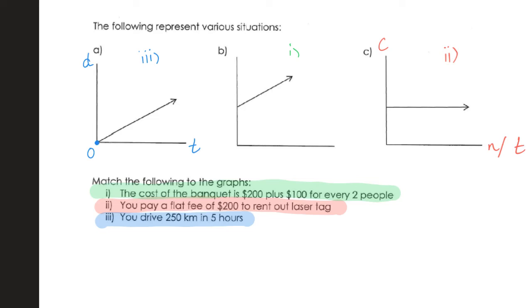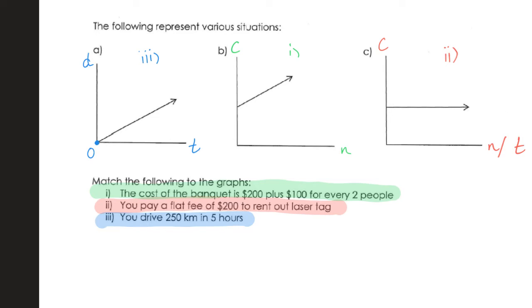Okay, so the cost of a banquet is $200 plus $100 for every 2 people. So that would mean that I was measuring cost on my one axis, that would be my dependent variable, and N, my number of people, being my independent variable. The number of people who show up are going to determine my total cost.